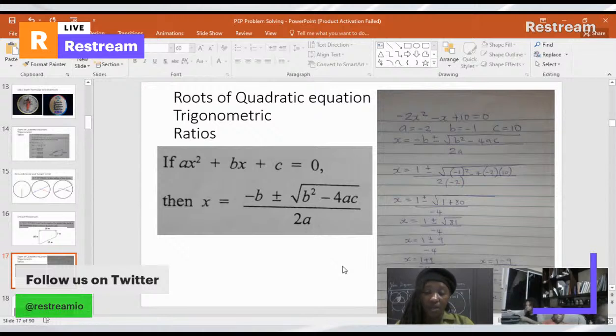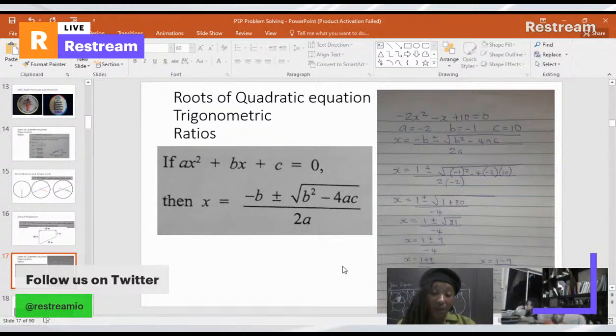plus or minus. Now, why do we have the plus or minus? At a point in the solution, we're going to split the working out into two parts, because when we solve a quadratic equation, we get two values for x. The quadratic equation produces a parabola which most times cuts the x-axis at 2 points, which give the solutions.